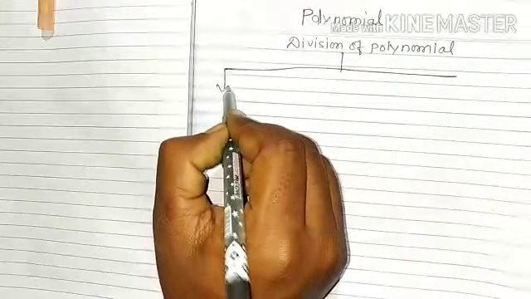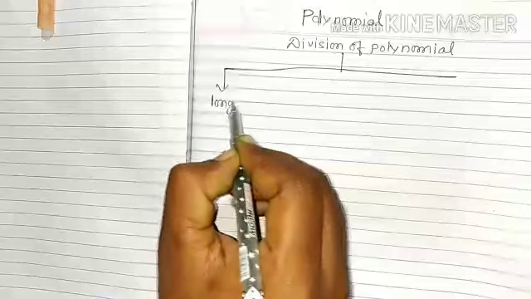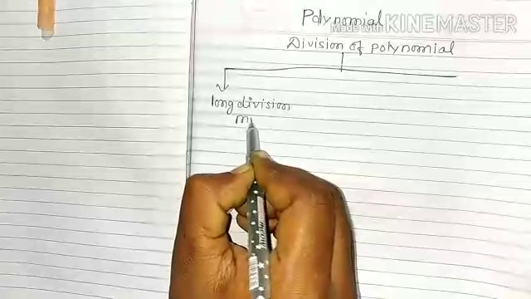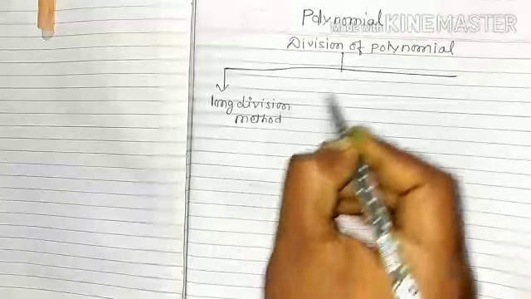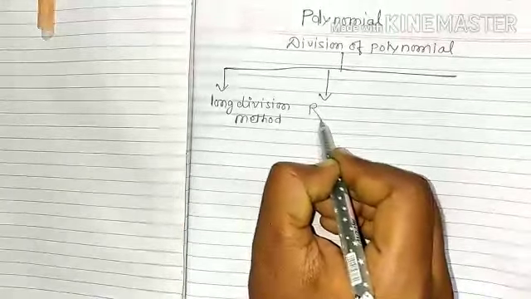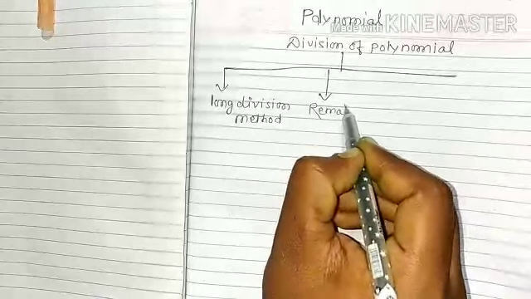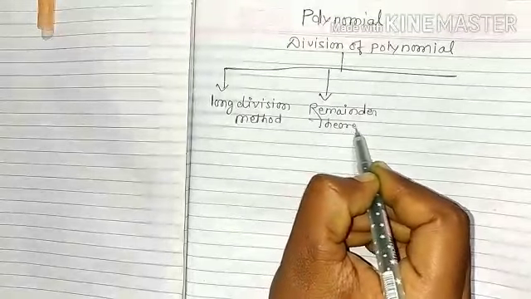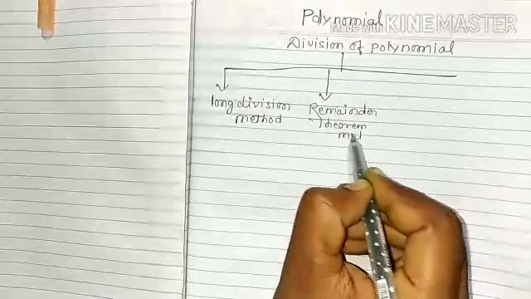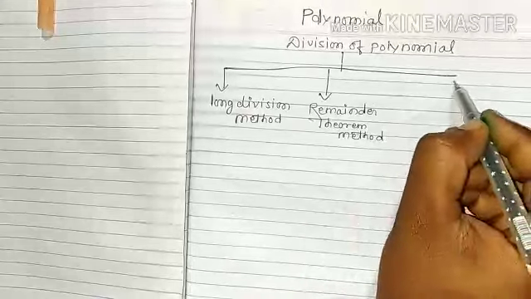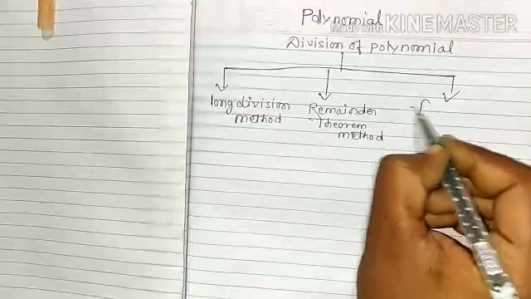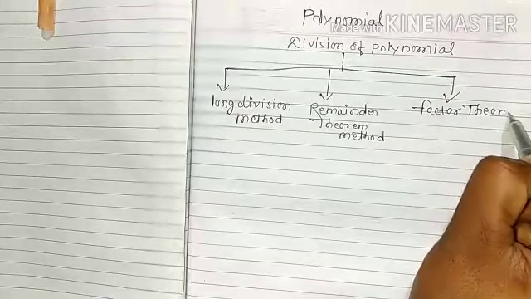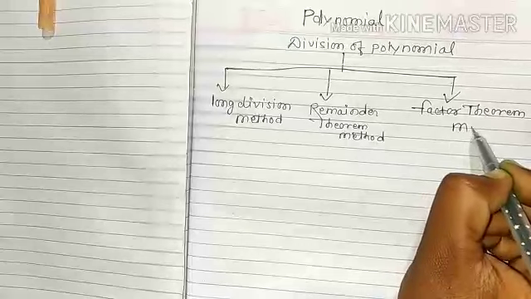First method is the long division method. Second method is the remainder theorem method, and the third one is the factor theorem method.